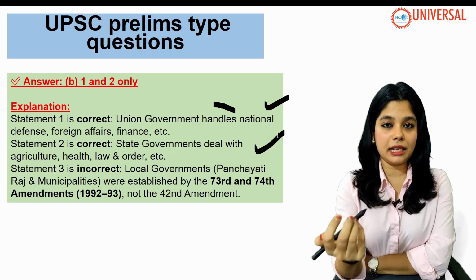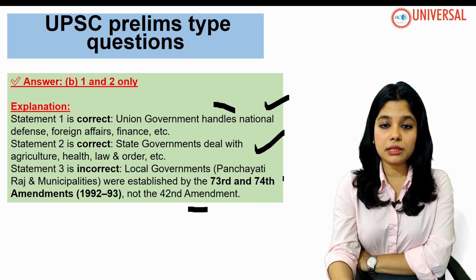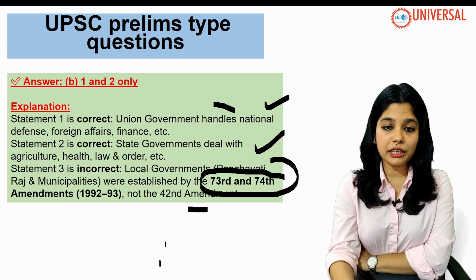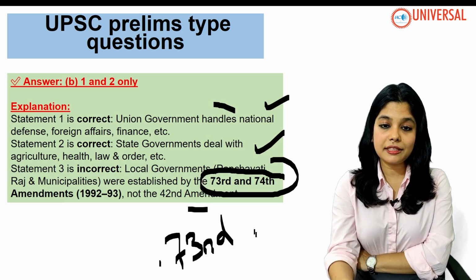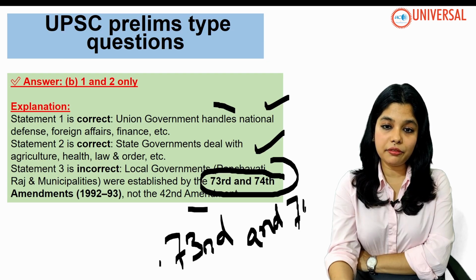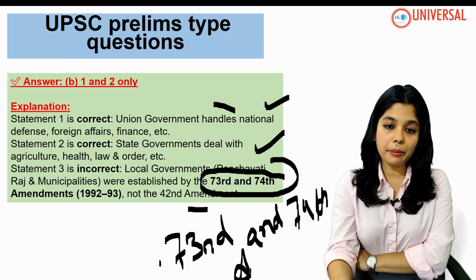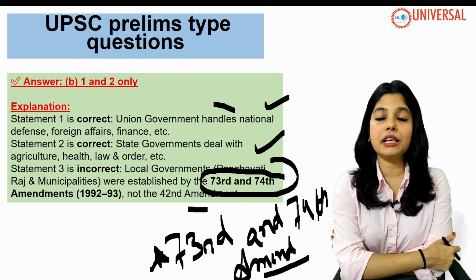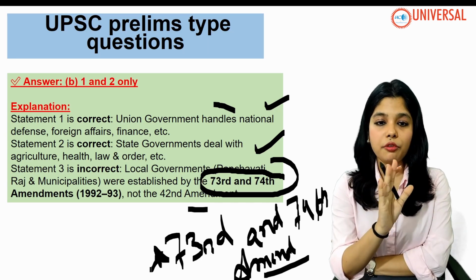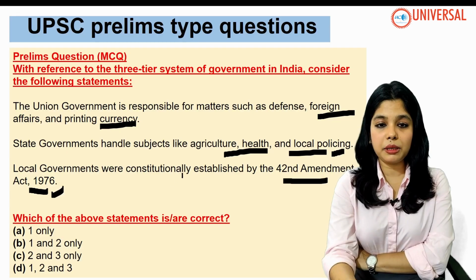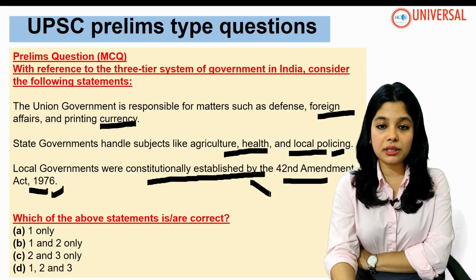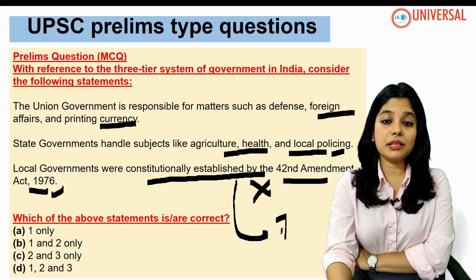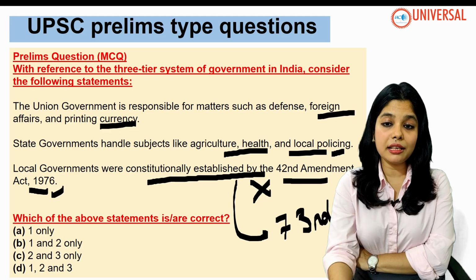But the third statement, the local government was established under the 73rd and 74th amendment of 1992-93, not under the 42nd. So this statement, my dear friends, is not correct.